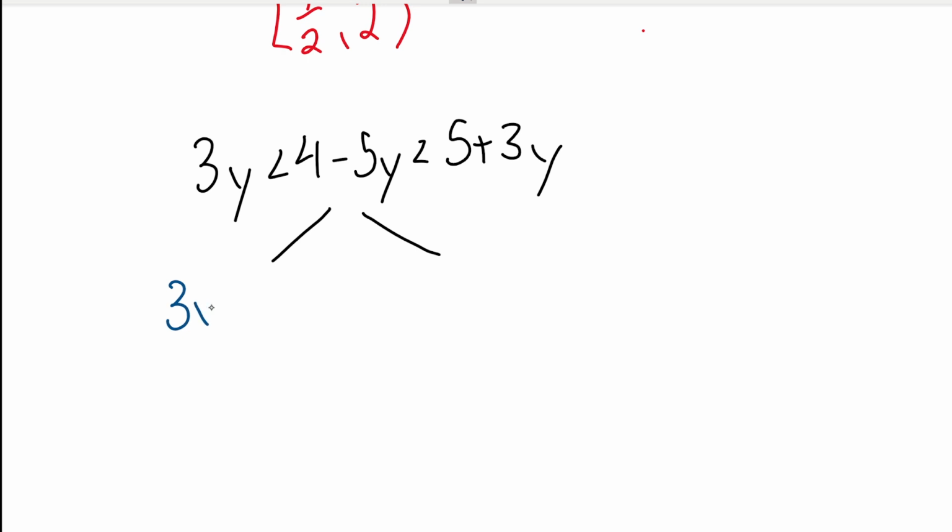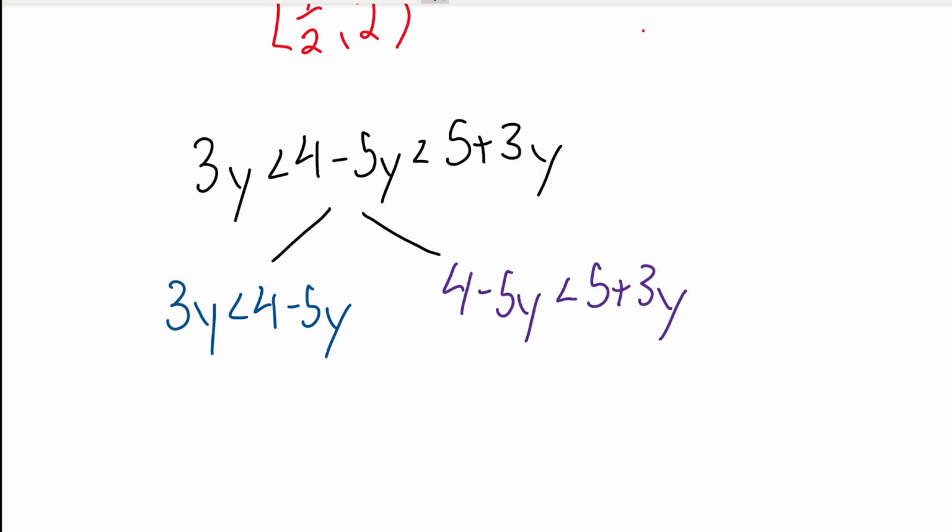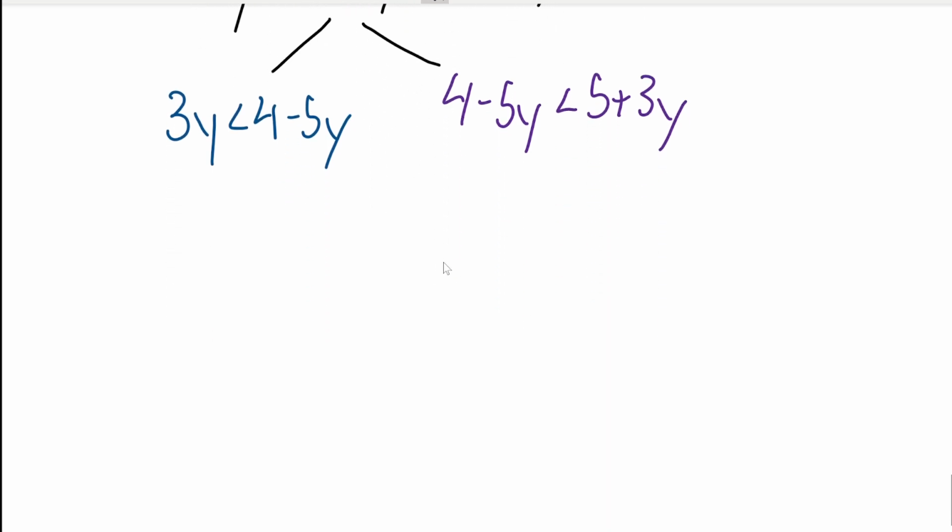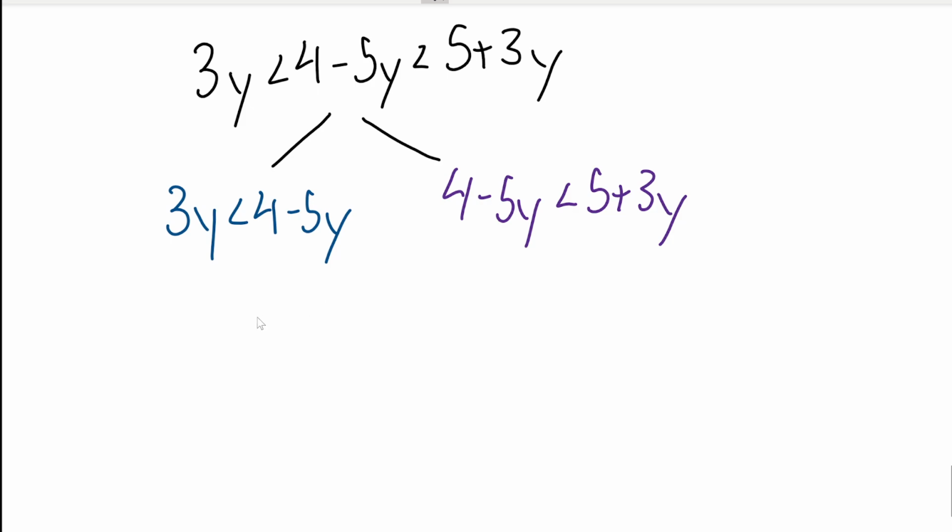Okay, so we have 3y is less than 4 minus 5y. And then we have 4 minus 5y is less than 5 plus 3y. Okay, so again, feel free to keep it all on one line. I just kind of like breaking it up here.